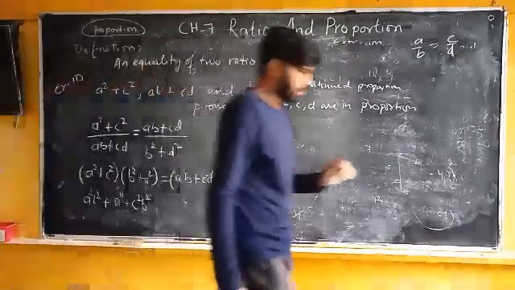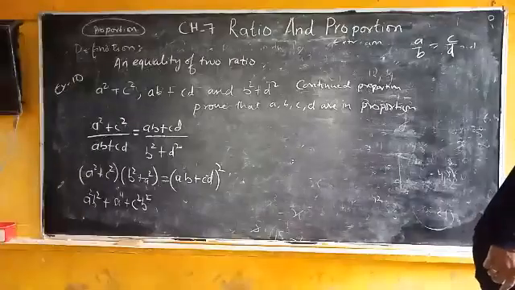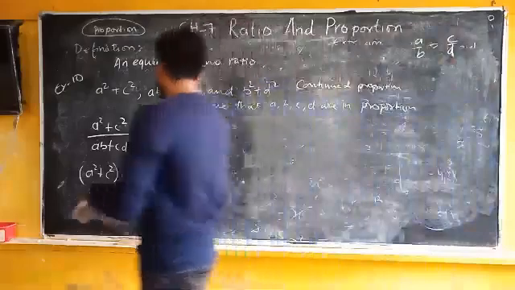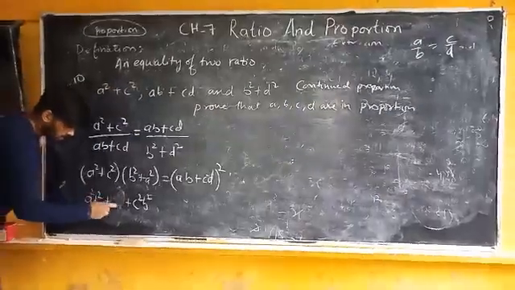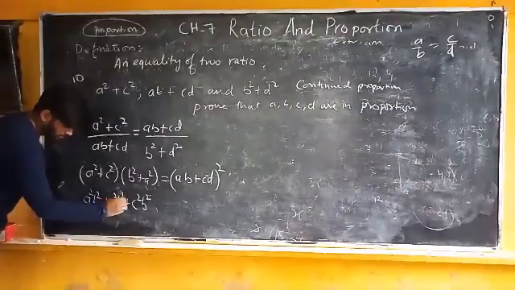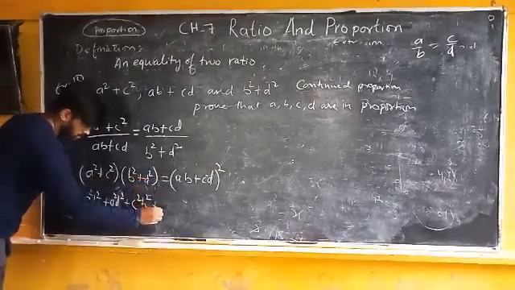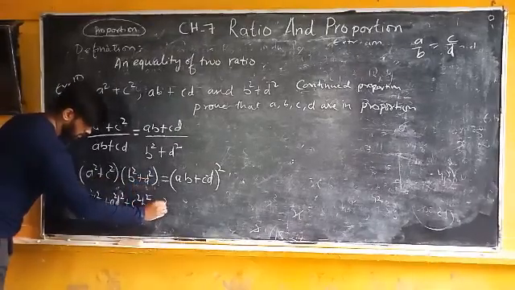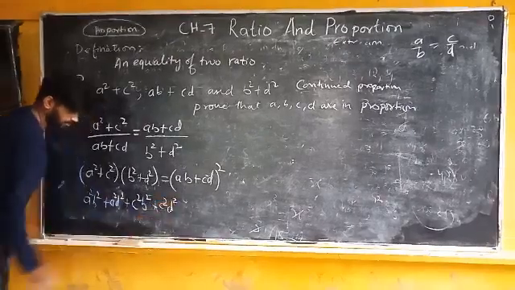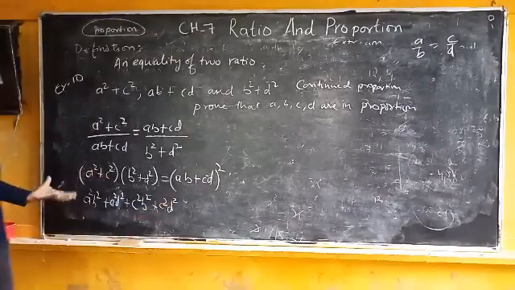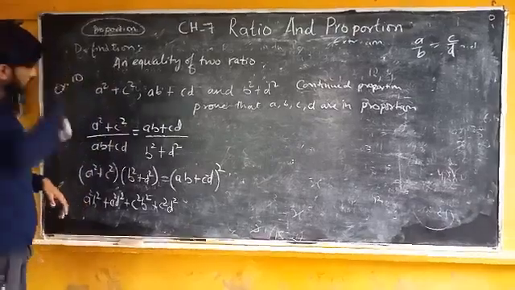Okay, I'm sorry about that. Yes, this is D. So this is going to be A square D square, so C square B square, plus C square D square. I'm just multiplying. You can also multiply, you'll get this as well.